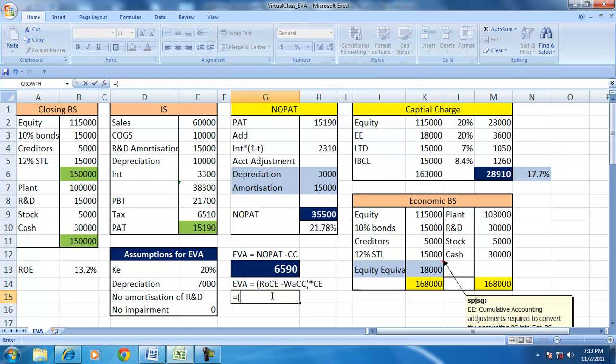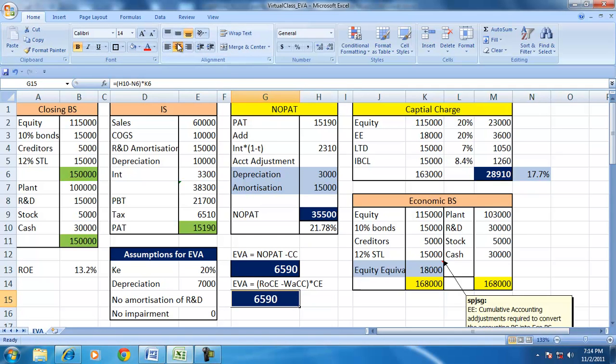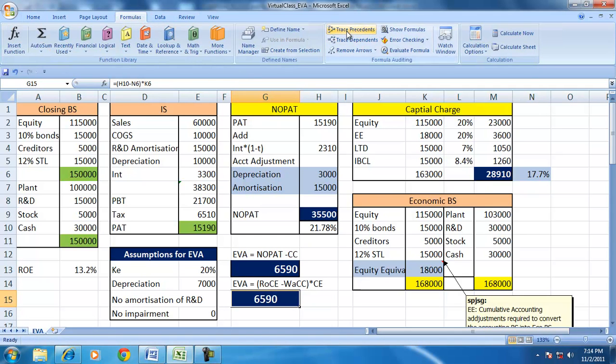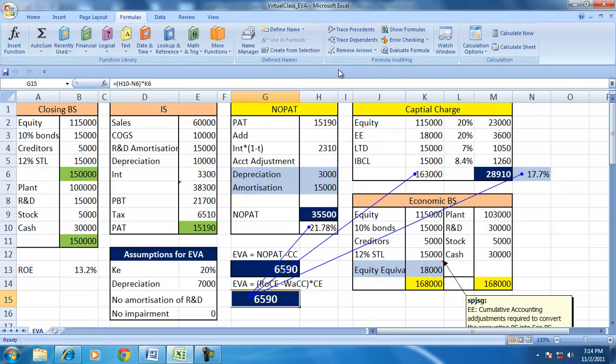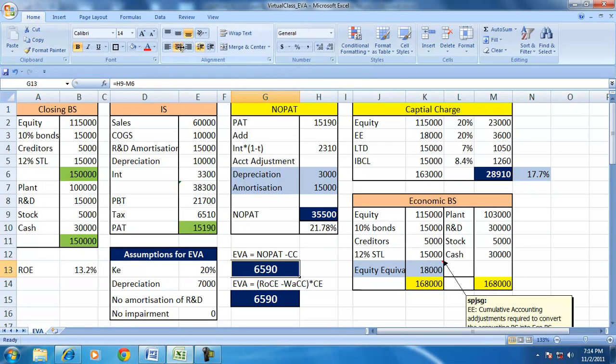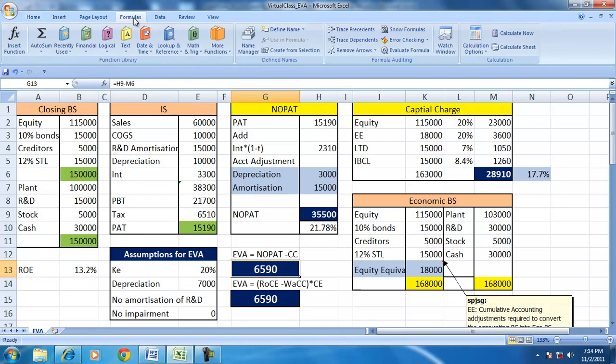So EVA is 27.78 minus 17.7, into the capital employed, so 6,590 is the EVA. You can calculate EVA either by finding the capital charge and the WACC, or by calculating NOPAT minus the capital charge. Thank you very much.